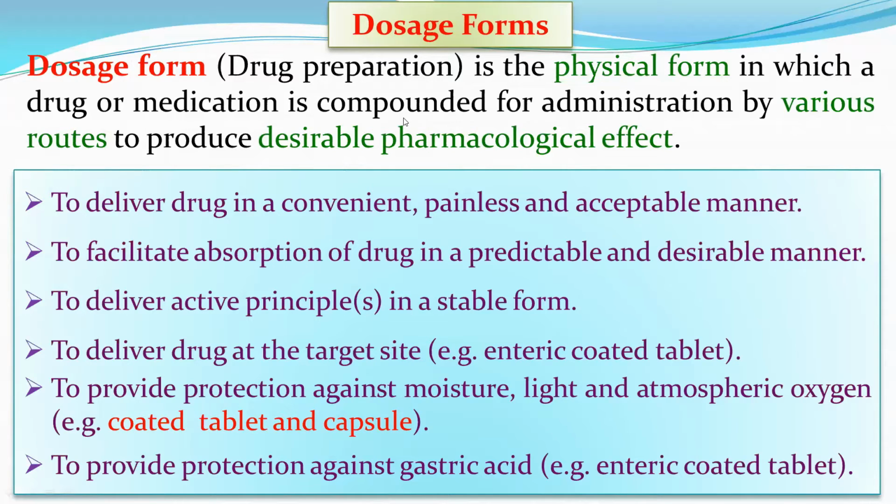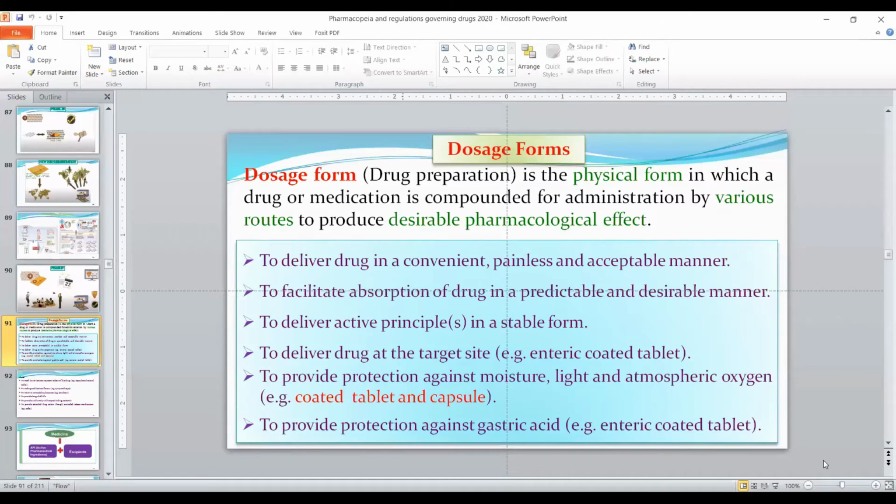So to deliver the drug in a convenient, painless and acceptable manner, that's very important, and also to facilitate the absorption of the drug in a predictable and desirable manner, because whenever a drug is administered into the body, it should be absorbed to a greater extent.